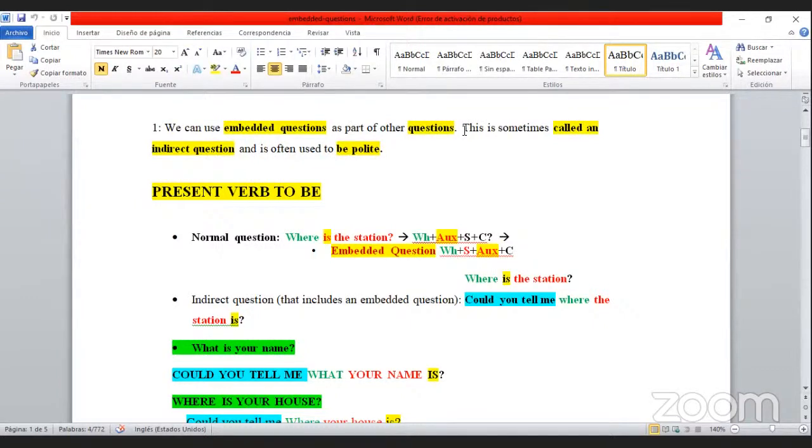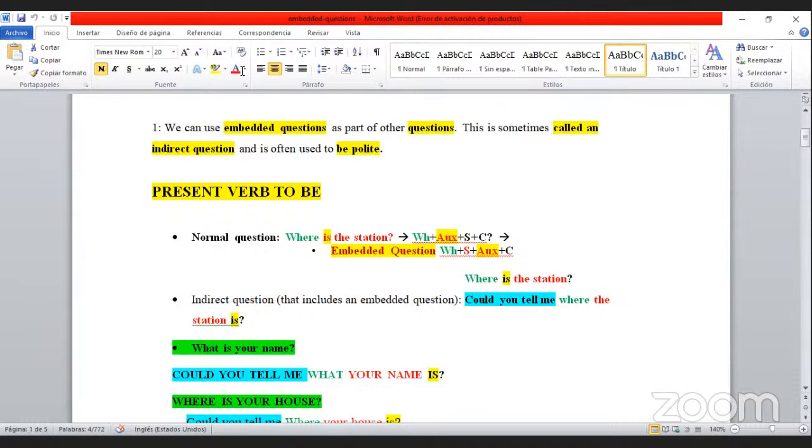So in order to make this question a little bit more polite, I will use a modal verb. The embedded question could be, for example, could you tell me what your name is? So it is not only a question, what is your name? I will use another phrase at the beginning. So this is, could you tell me?